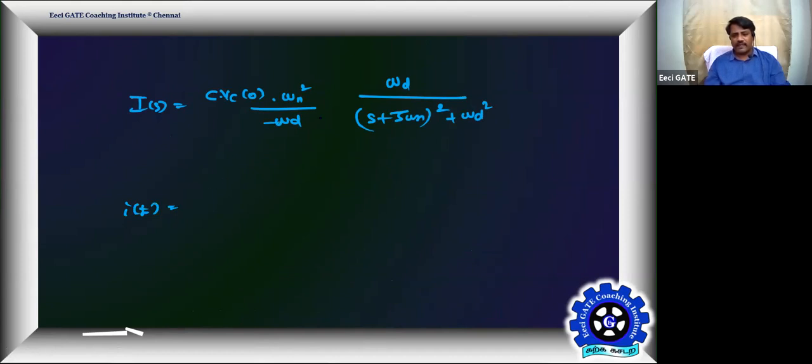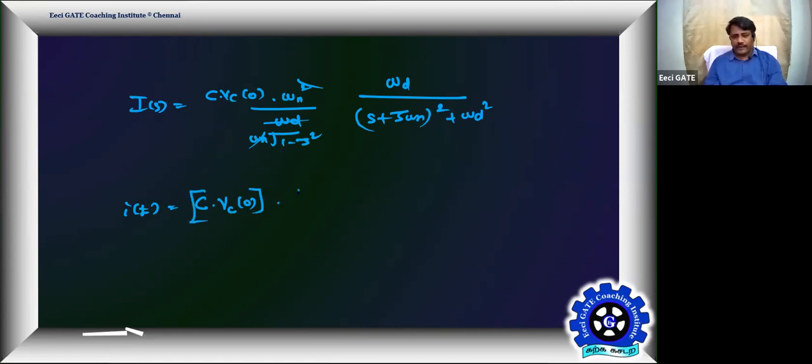ωd can be replaced by ωn into root of 1 minus ζ², again ωn will get cancelled. Then C·VC(0) divided by root of 1 minus ζ², take this as common. That's a charge, the initial charge. C into V is a charge.